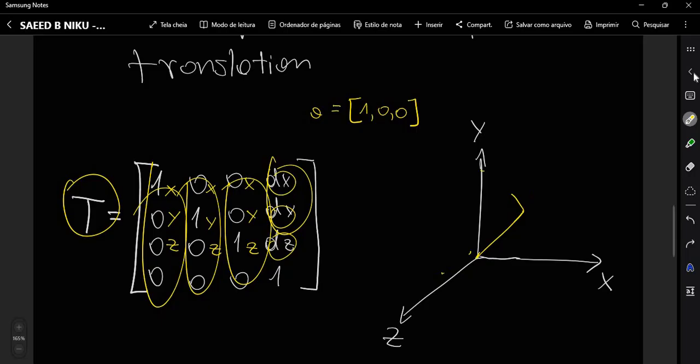This rigid body, which can be linked to a robot arm, is going to do a pure translation movement. At the end of this, we have another reference system because it's already referenced.